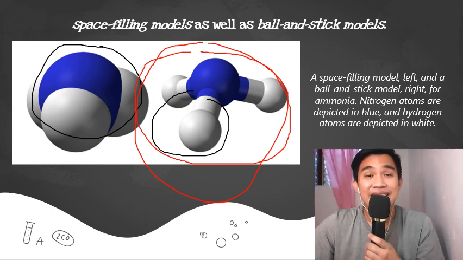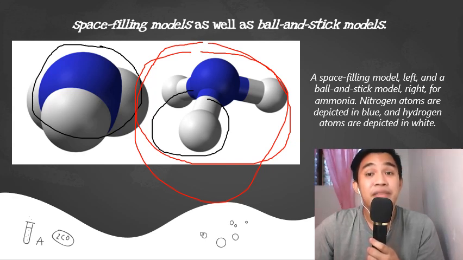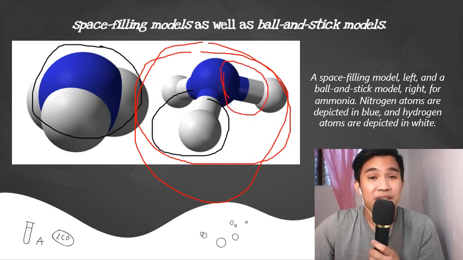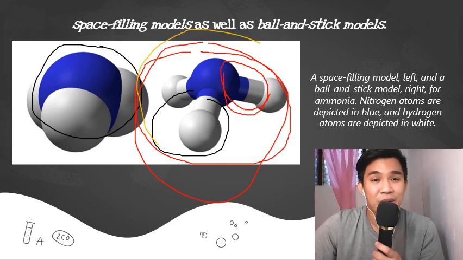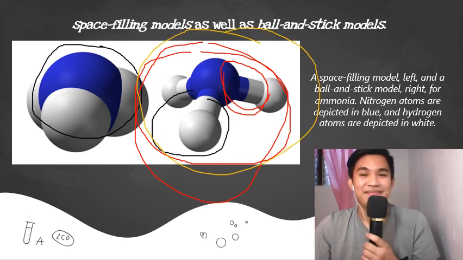The advantage of this type of model is that we can get to see the covalent bonds, which also allows us to more easily see the geometry of the molecule, as you can see now on your screens.